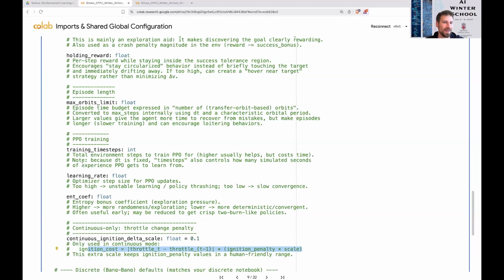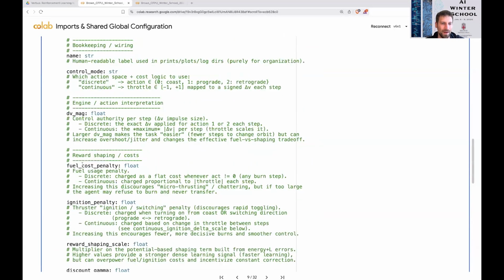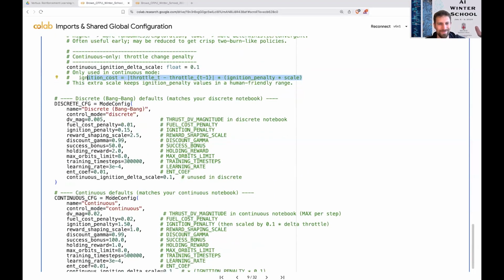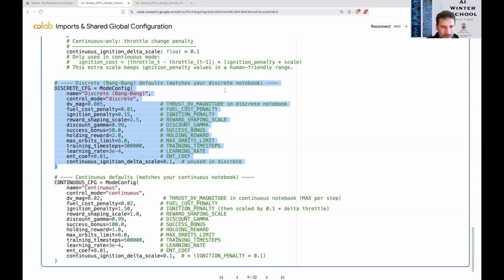So the reason we did all of this and set up this little schema for the config is that now we can, in a systematic and clear way, define configs to run our training. We define two configs here. One is discrete, which matches the discrete example, and then one is continuous.